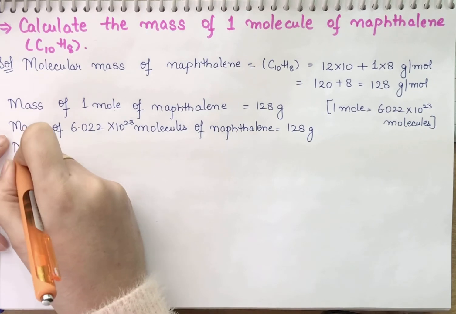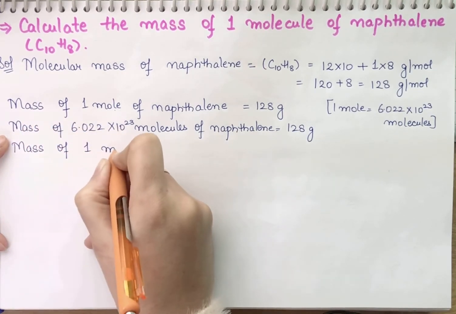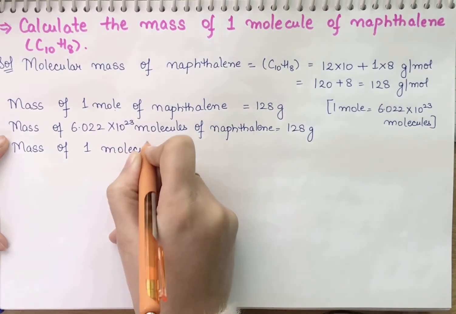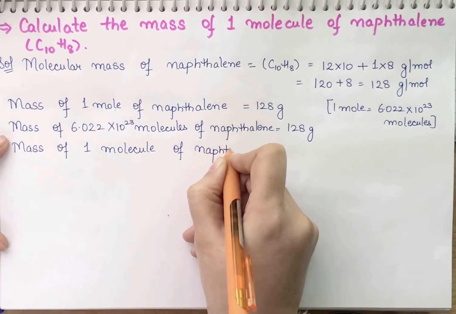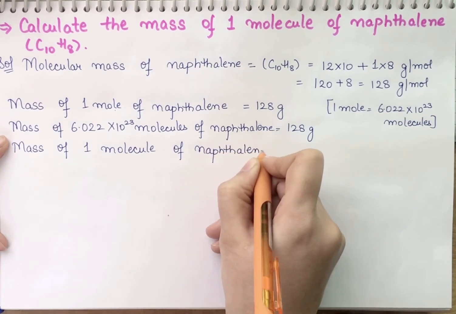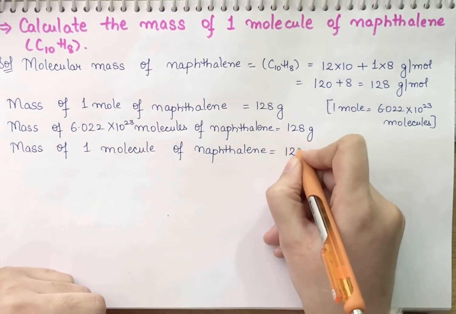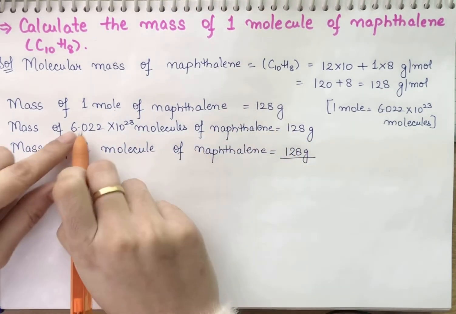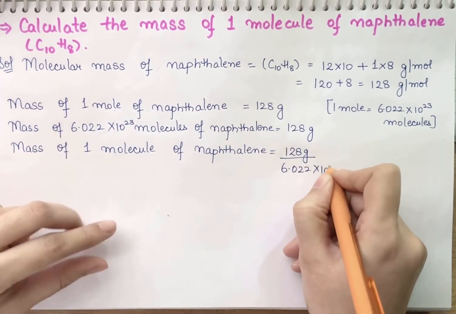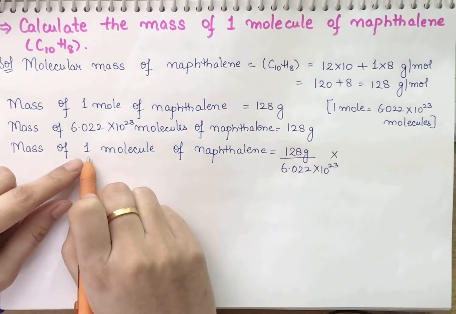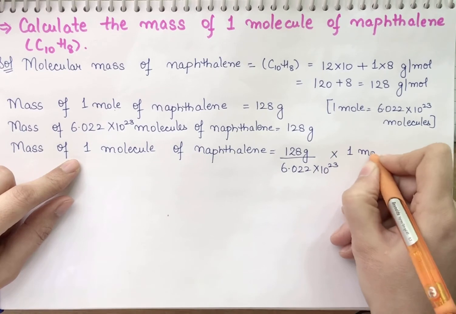So now I have to find the mass of 1 molecule. So mass of 1 molecule of naphthalene equal to, again the value on the right side I'll take in numerator, divided with this value 6.022 into 10 raised to power 23 and multiply with the second value on the left side. So 1 molecule.